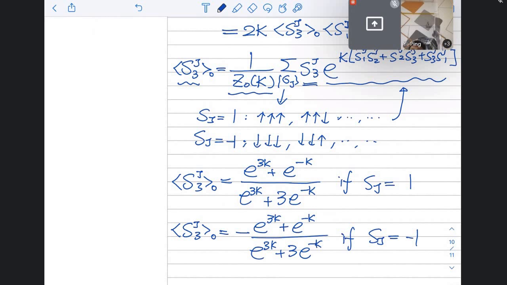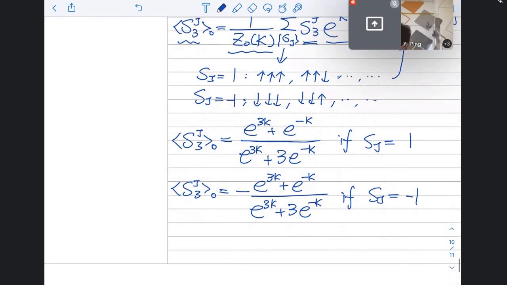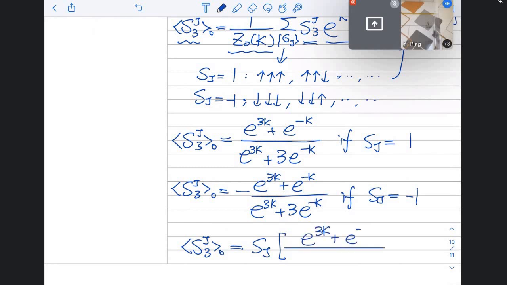So what it means is that you can re-express this average value this way: you use the coarse-grained spin, the block spin Sj, but now times a factor. That is what we derived right here.